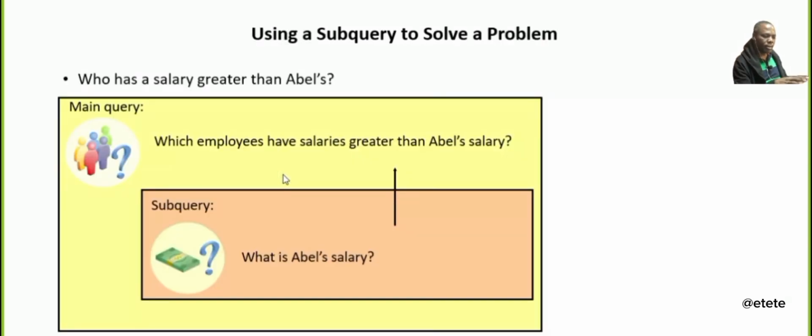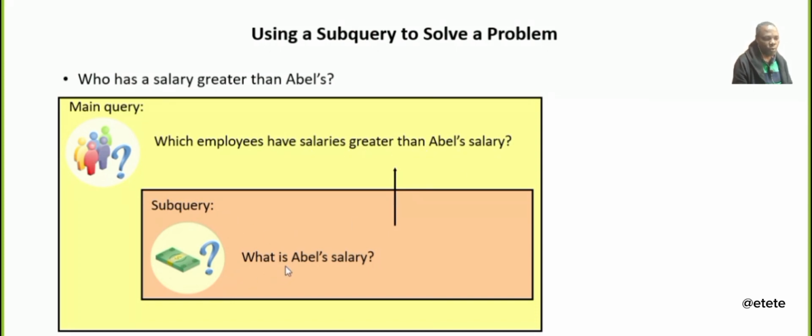Then this is an image of how it works, using a subquery to solve a problem. Example is, who has a salary greater than Abel? So Abel is an employee in a company, and you are now saying, who has a salary greater than Abel? Now, to solve that problem, you need to first and foremost find out the salary of Abel. So finding the salary of Abel will be the subquery. Which employees have salaries greater than Abel's salary?